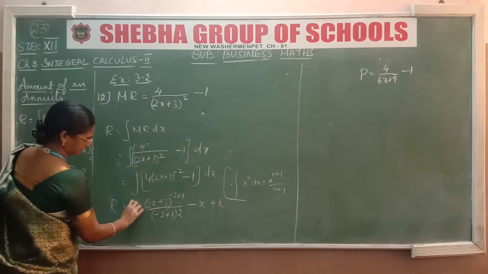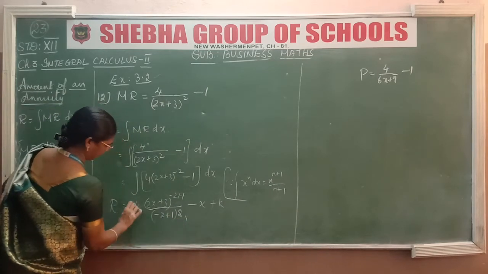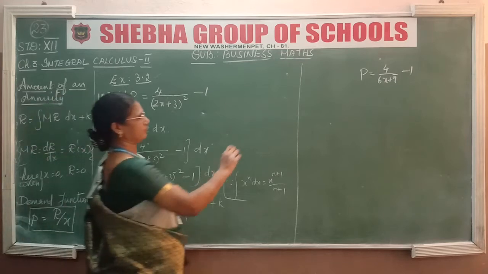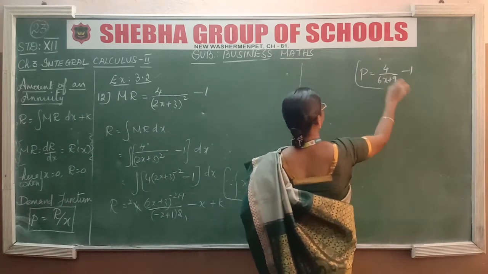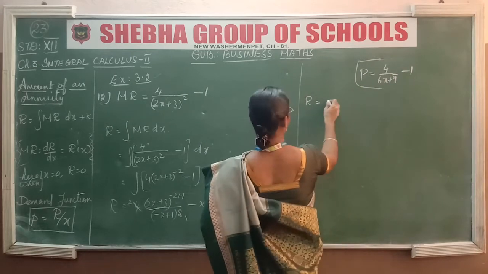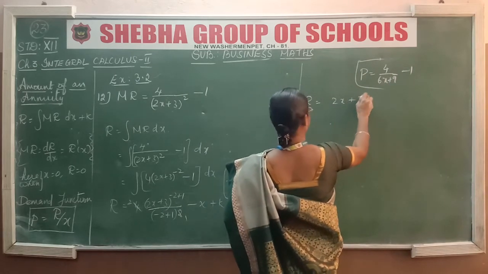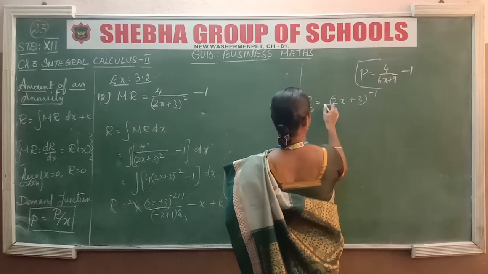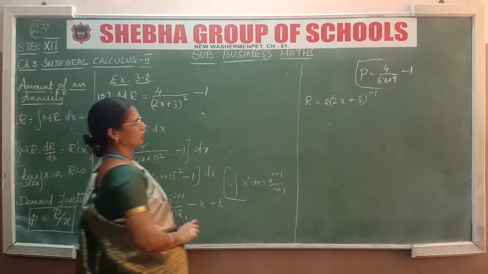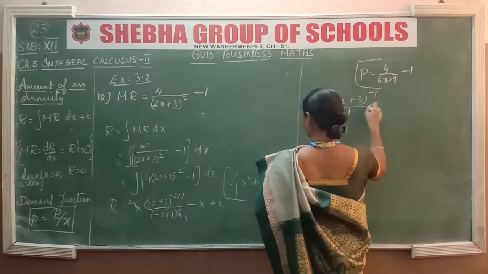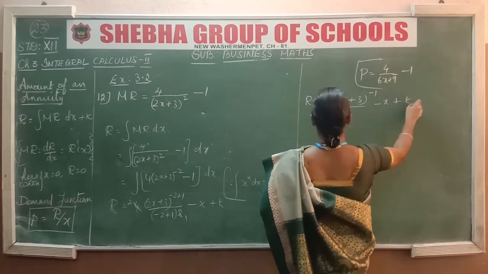Okay, listen, cancelling by 2 one time, this is 2 times, therefore our R is equal to 2 into (2x plus 3) whole power minus 1, here we are having 1, 2, by minus 1, minus x plus k.